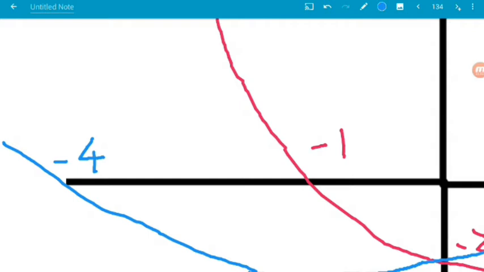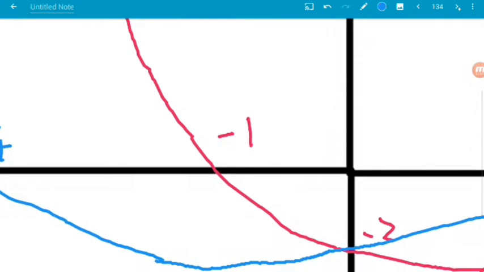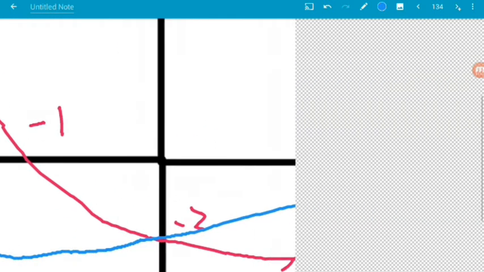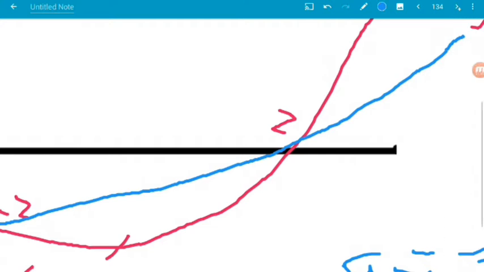Remember, because a is negative, we are also reflecting in the y-axis. The point that was at -1 is going to get reflected to -1 times -2, which is +2, which is where this point comes from.